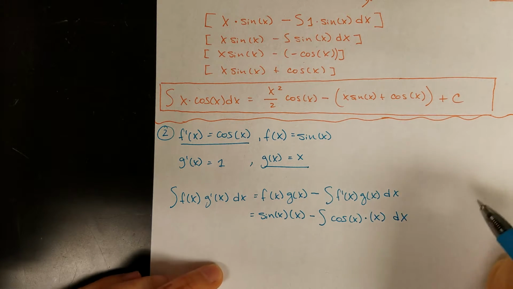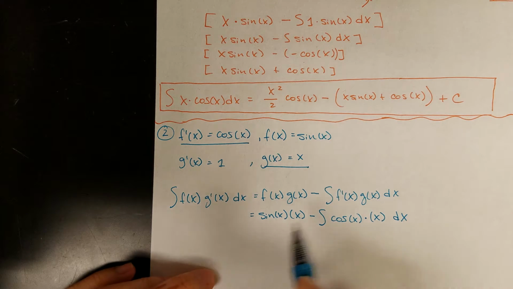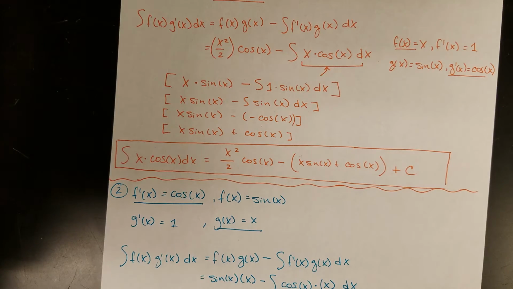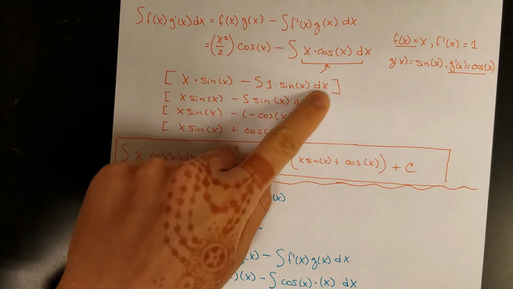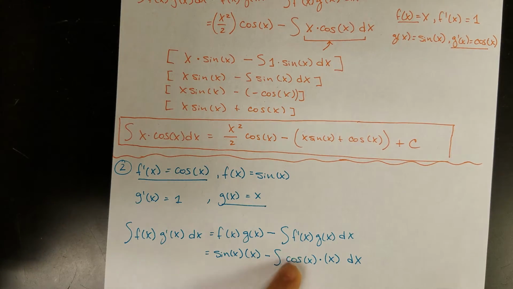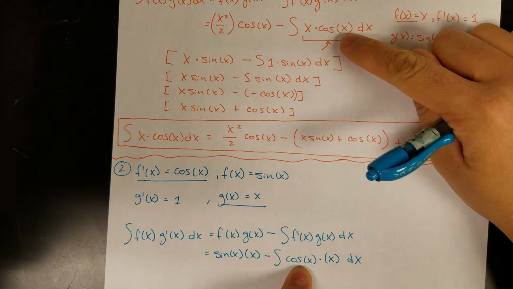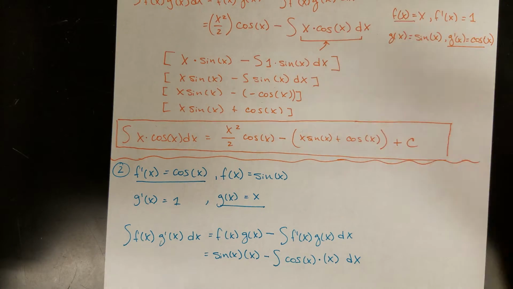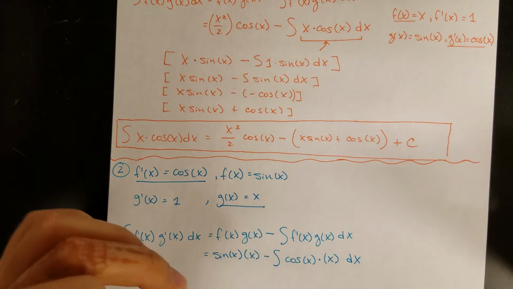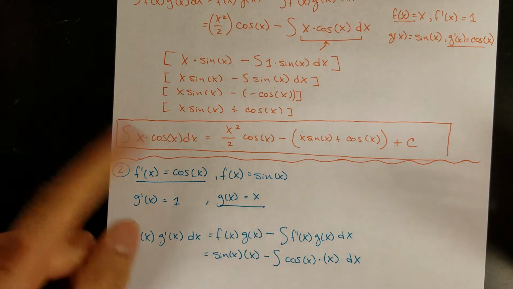Notice again that here we have another multiplication, and it's actually the exact same thing as the one we did up here, just switched around: cosine of x times x. So as one of my professors said, work smarter, not harder.